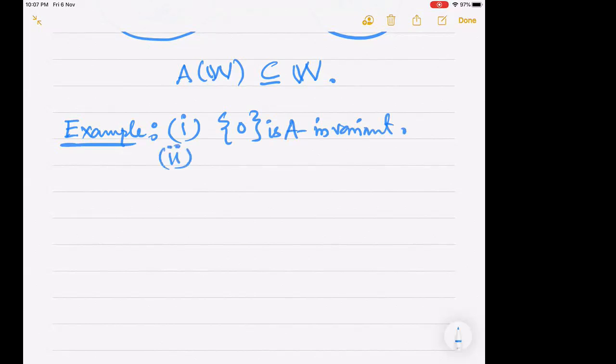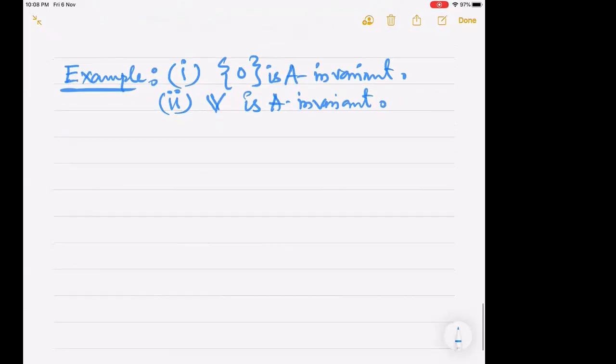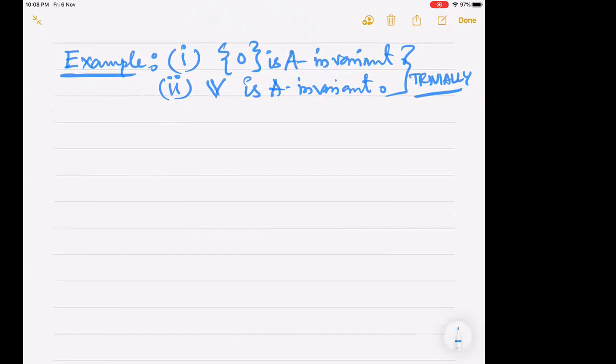Secondly, V is of course A invariant, because if you take any vector from V and make A act on it, you get a vector which is also in V. So the whole space and the zero space are both A invariant trivially. Mathematicians do like to use these terms. Now, non-trivial A invariant subspaces.